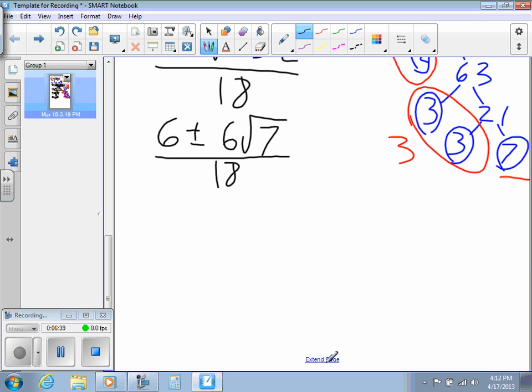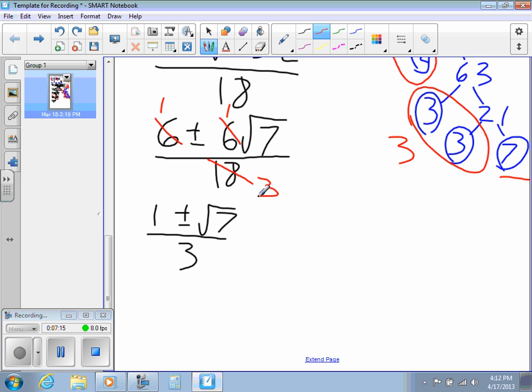And simplifying from here should be fairly easy. 18 is divisible by 6, and both of them have 6's. So that's going to turn into a 1, plus or minus the square root of 7. And when I divided 18 by 6, I got 3. So what happened here, we canceled this, each of those became a 1, and this became a 3.